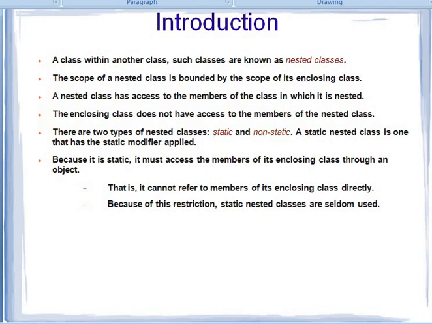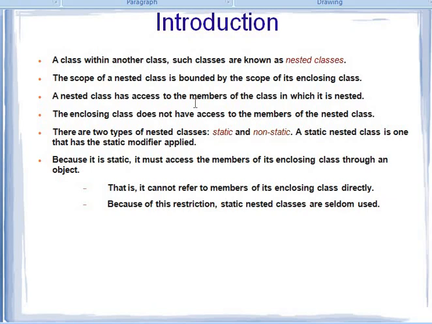There are two types of nested classes, static and non-static nested classes. A static nested class is nothing but a class having a static modifier in its definition. For example, static class outer class.